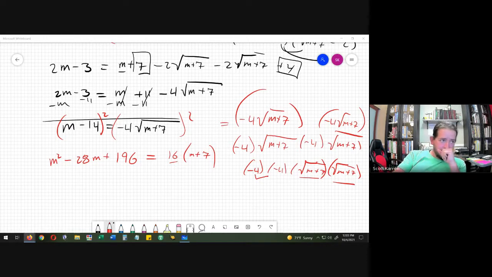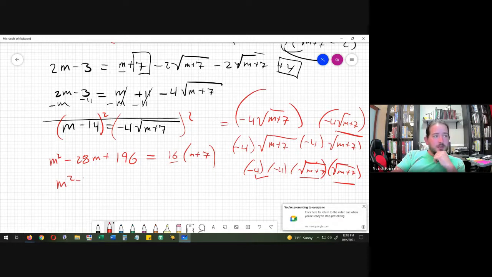So m squared minus 28m plus 196 is equal to 16m plus 70 plus 42. Just check that because I don't trust anything right now. That's right.